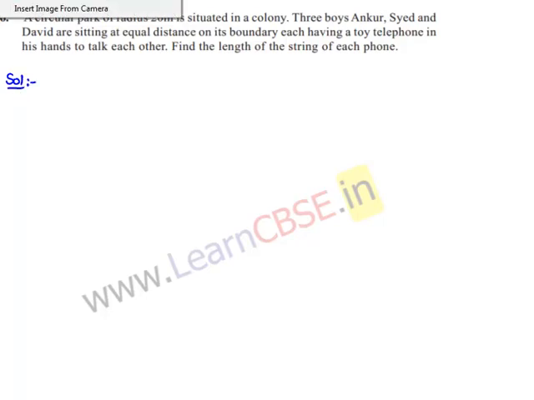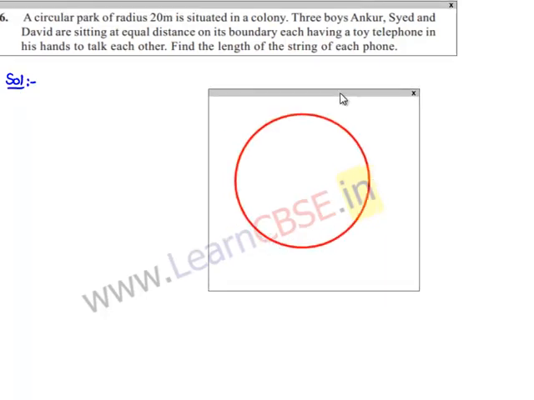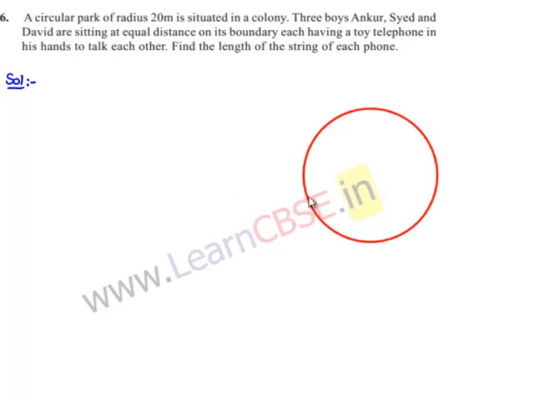Let us consider a circular park as shown in the figure. Let us assume that boy Ankur is represented by A on the circle, boy Shayet is represented on the other side of the circle, and boy David is represented by D on the circle, standing at equal distance on the boundary of the circular park.